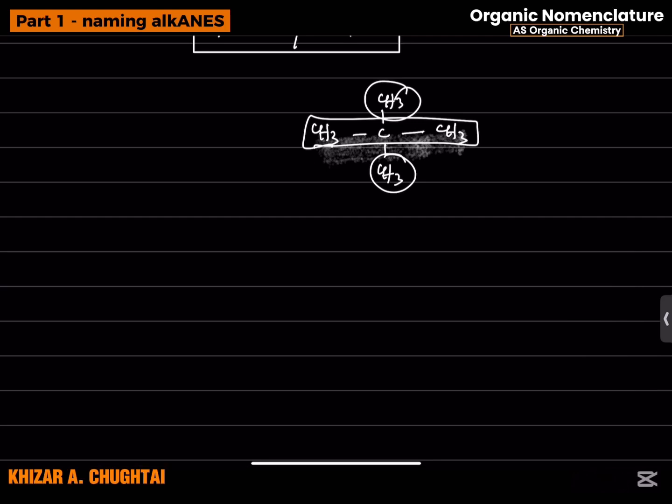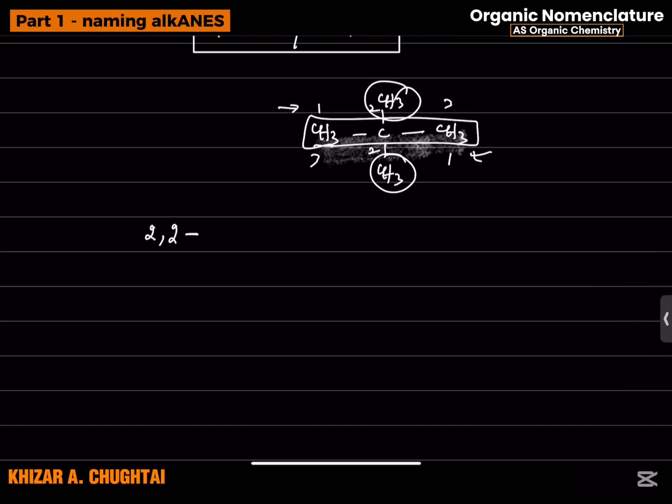Numbering is important. Numbers 1, 2, 3 are from here, 1, 2, 3. In both cases, the branches are going to have the same numbers. So, what are the numbers of the branches? 2, again 2. Then you will put a comma over here, 2.